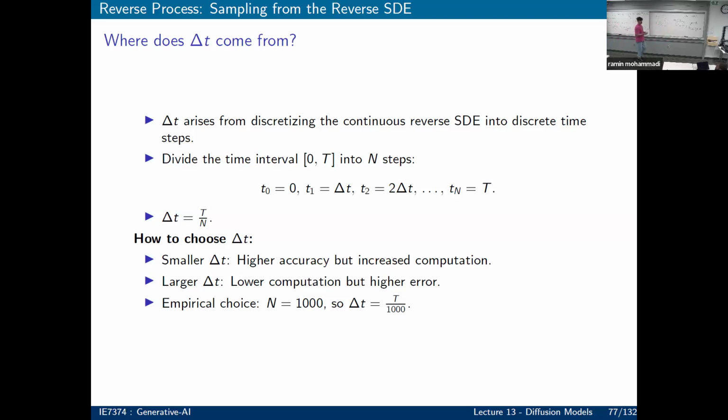One thing that has been proven in practice is that if you select n, the denominator, to be large, delta T becomes smaller. If delta T is smaller, you get much higher accuracy in generated images, but much higher cost also, because you take much smaller steps and the computation cost goes up.